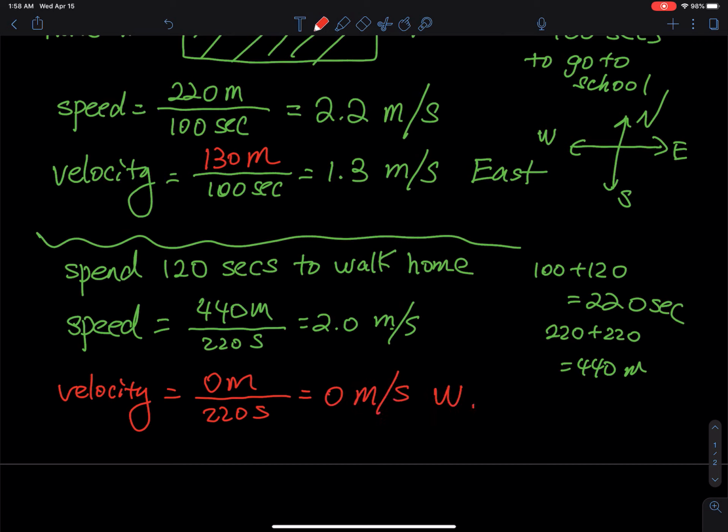So this time I am going west. Why is the displacement equal to 0? Because here is the reason. You end up where you started.